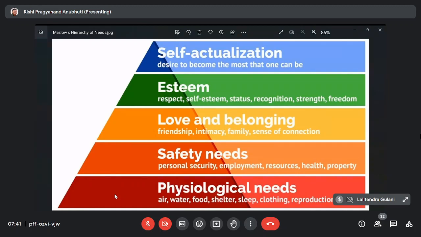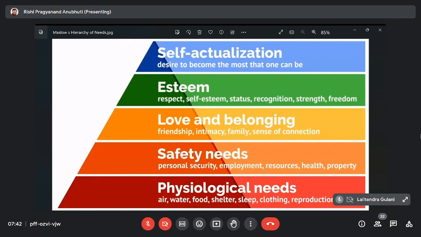Once that is met, it goes to the next level, which is safety needs. We need personal security, we need an earning source, we need resources to run our life. Then we need to maintain our health, we need some property for assurance for the future, etc.